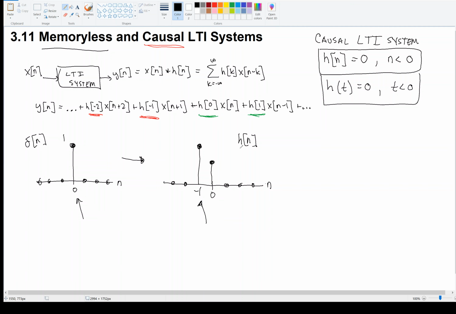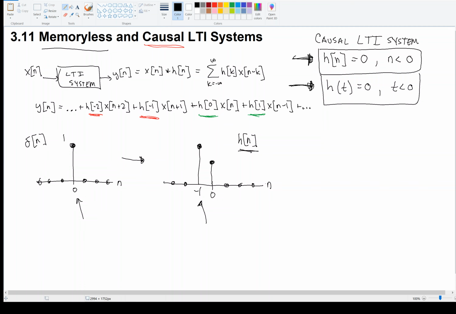So that must mean our system is somehow anticipating me putting in this sample. Somehow it knows that I'm putting in that sample before it happens. Well, by definition, that's not causal, right? And so we can further understand this constraint, and similarly this constraint for continuous time.